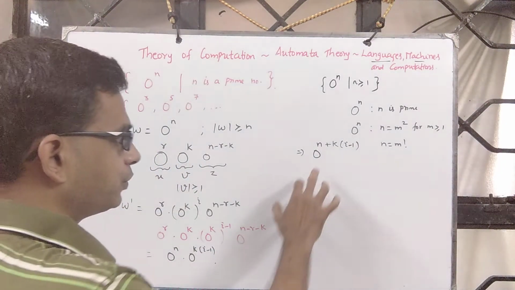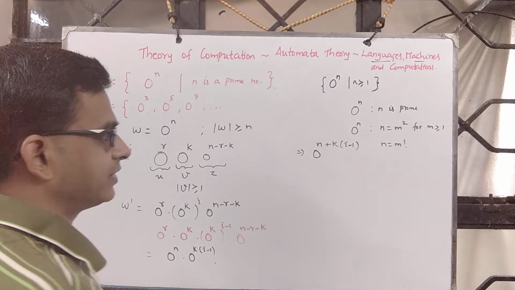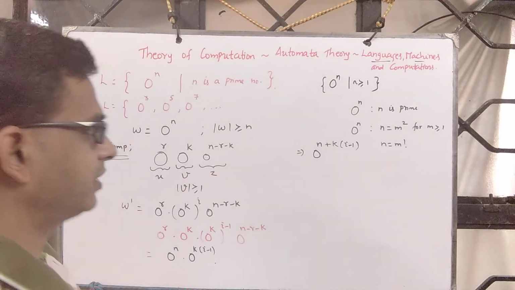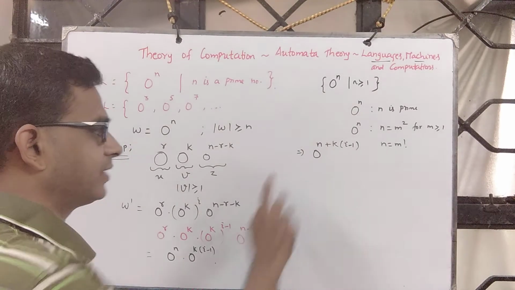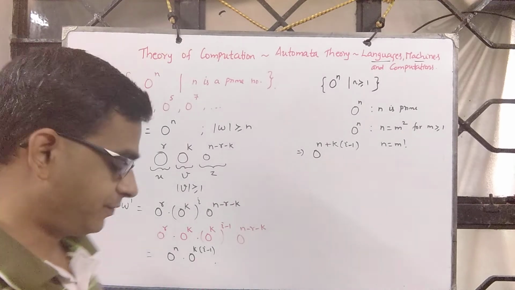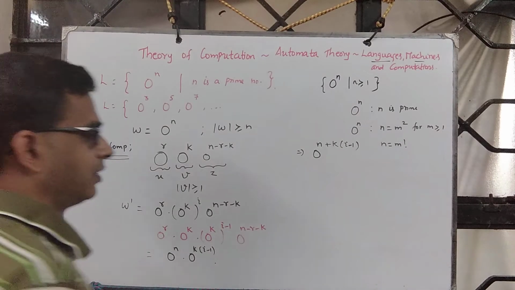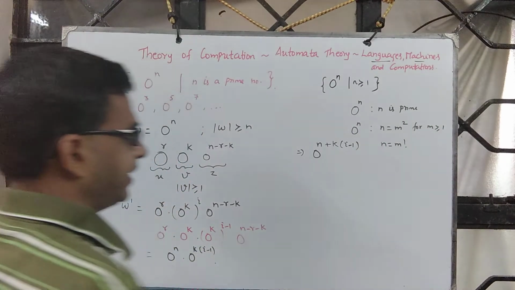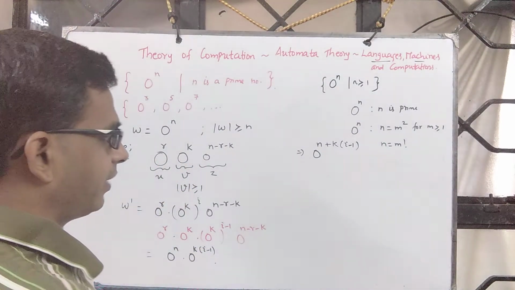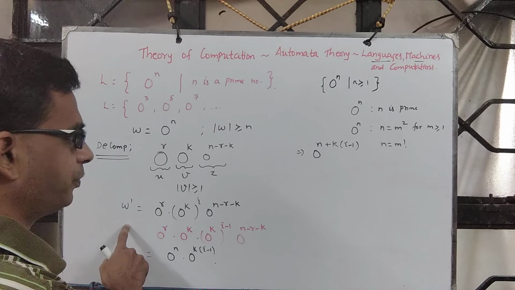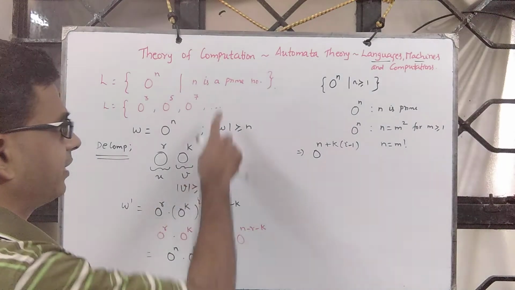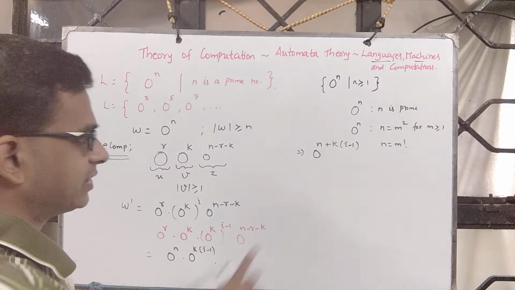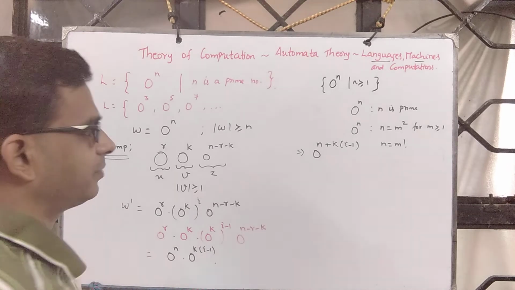So now we need to choose one i carefully, such that with respect to this i, we get a string which is not part of the language. What should be the idea when we say we obtain a string w prime which is not part of L? Such a string must be a composite number.